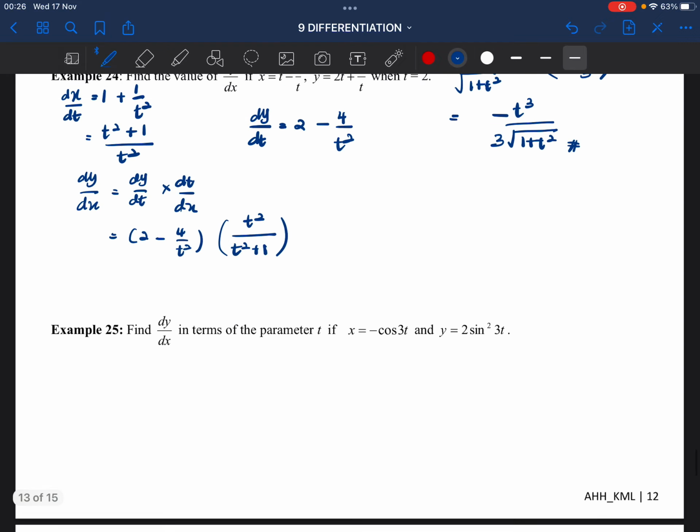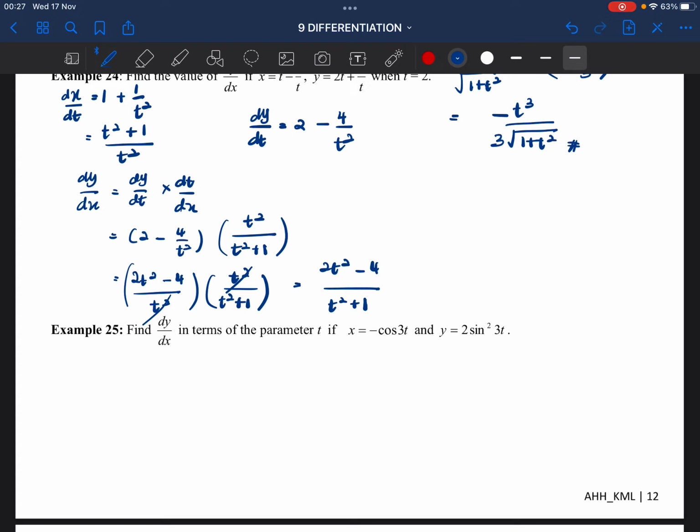Alright, so now it's easier for you to simplify. Okay, this one also we can make the denominator the same. So we should have 2t square minus 4 over t square, over t square plus 1. Okay, so we can cancel t square, then the final answer is 2t square minus 4 over t square plus 1.